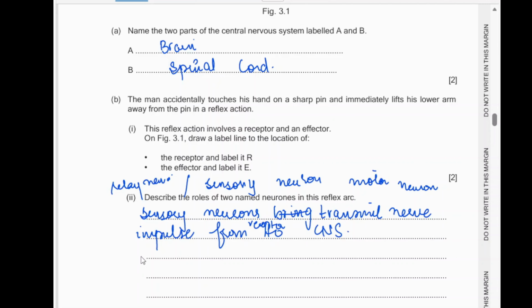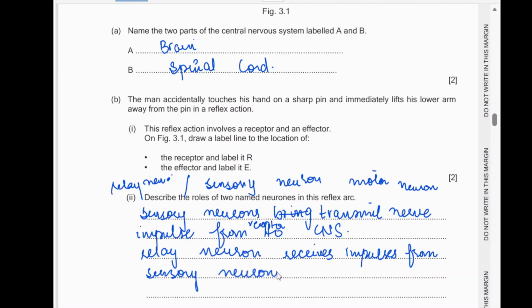Okay, and what is the function of relay neurons? You said relay neurons, let's write it. Correct. Good.